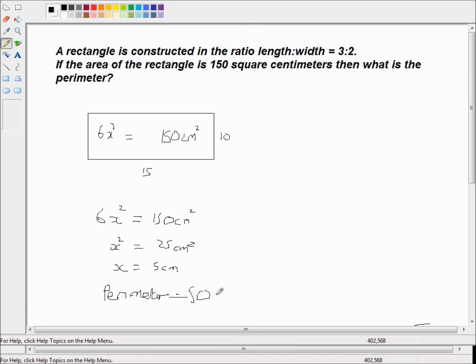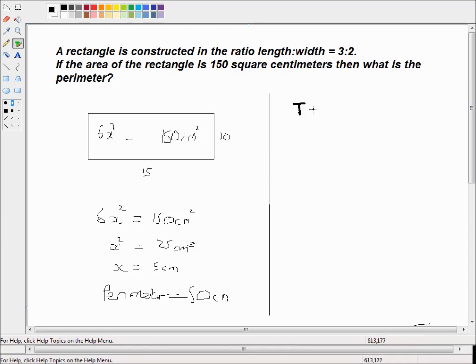So the perimeter is 50 centimetres. Okay, I'm going to divide this screen in two because there is an algebraic approach that could have been taken. So we could have done this more algebraically. If we'd said the ratio of length to width is 3 to 2, so if we add the length and the width together, then we have the total for the length and the width, which I'm going to call t.